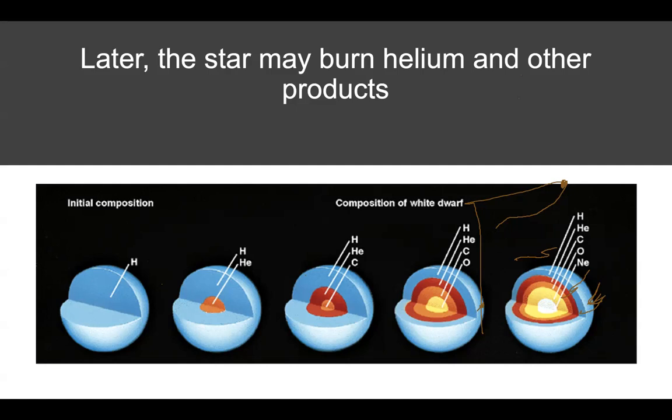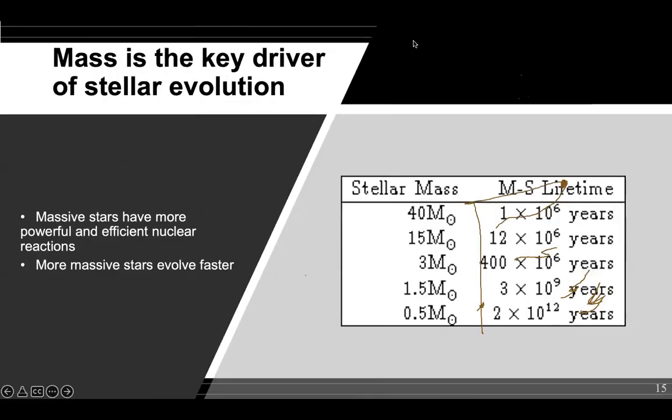After iron, the reaction becomes endothermic. It requires more energy, so the other elements on the periodic table cannot be created within the center of stars, but they are created when massive stars explode, right?